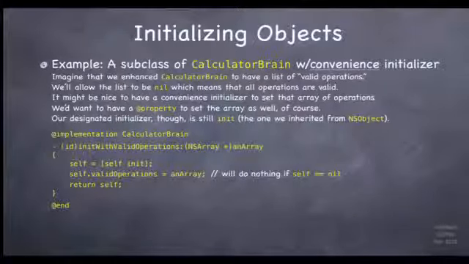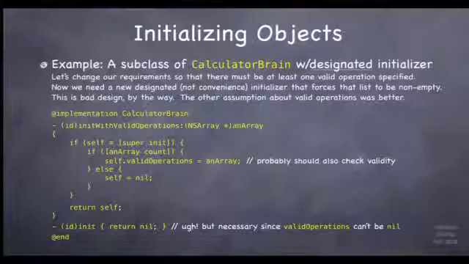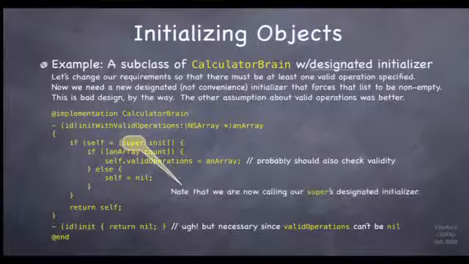So now here's calculator brain with a designated initializer. Okay, so now I've changed my mind and I've decided valid operations is required. You have to have valid operations, and it has to have at least one valid operation in it, or we are not going to allow you to initialize this class. So now I'm calling self equals super init. Okay, why am I doing that? Because this is my designated initializer.